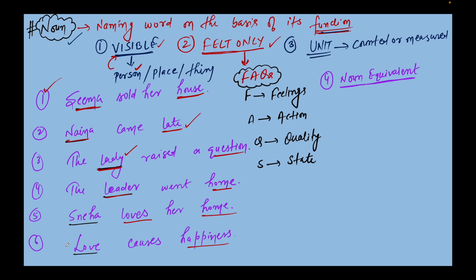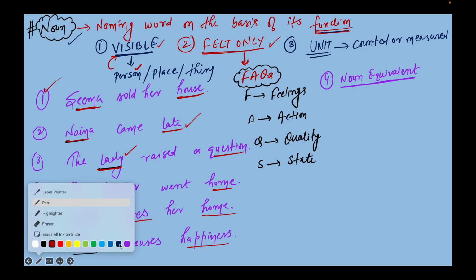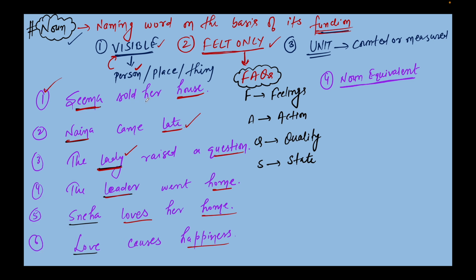But in these examples, I just want to make you understand which word is a noun and which word is not a noun. There are some words, and by using them, you can tell which word of the sentence is a noun or which is not.